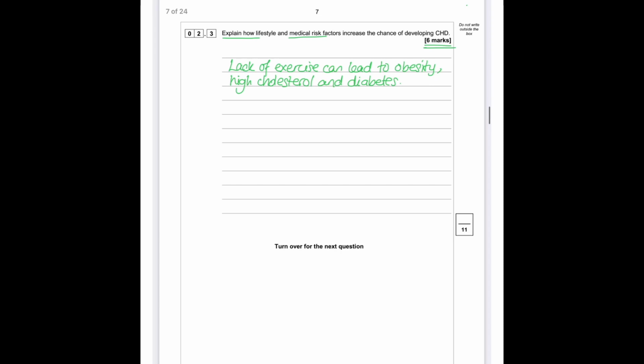We can also talk about a poor diet, can also lead to obesity, high cholesterol, diabetes and blood pressure.